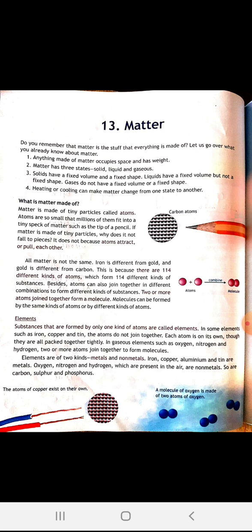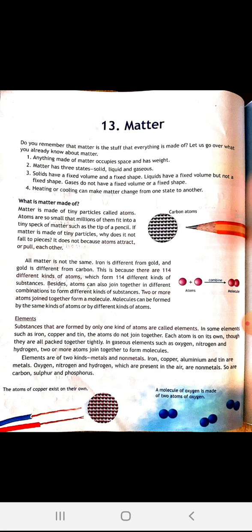In some elements such as iron, copper and tin, the atoms do not join together. Each atom is on its own, though they are all packed together tightly. In gaseous elements such as oxygen, nitrogen and hydrogen, two or more atoms join together to form molecules.